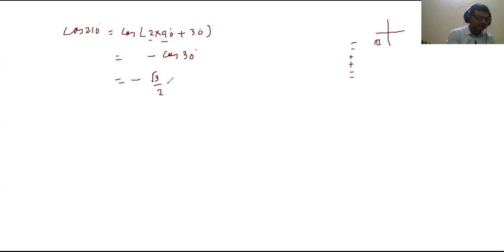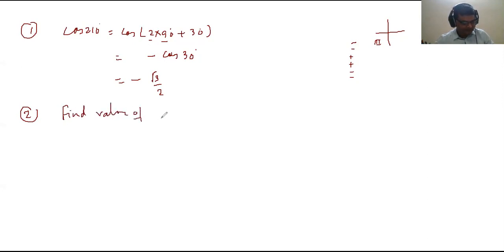Now we'll solve some more questions just to understand. Now we'll discuss question number 2. Find the value of sine minus 1125 degrees. How to find the value of sine minus?